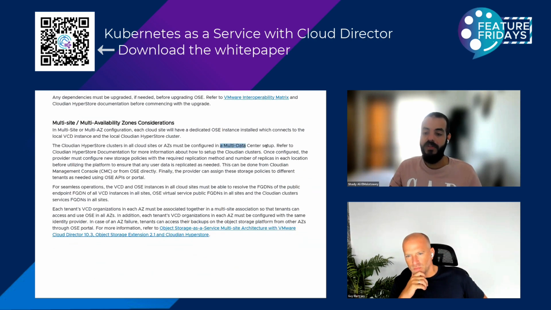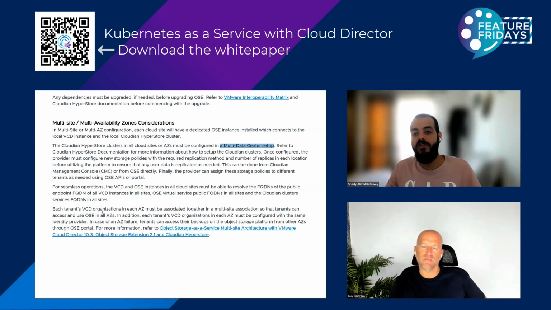And the multi-site considerations: I'm talking here about the multi-data center setup offered by Cloudian HyperStore, which is a replication mechanism between two different HyperStore clusters to replicate the user data, and OSE supports that replication topology. If the user builds a bucket on site A and puts some objects inside that bucket, it gets replicated according to their multi-data center setup.